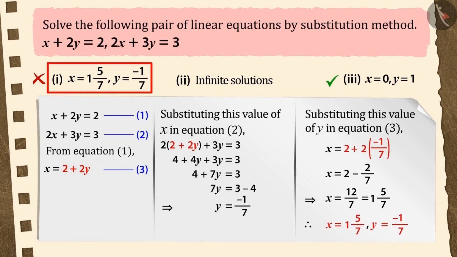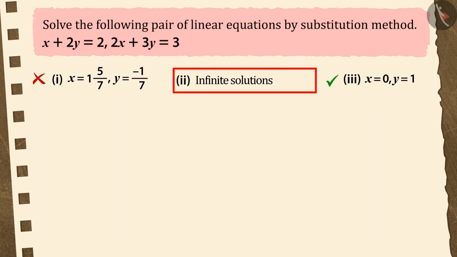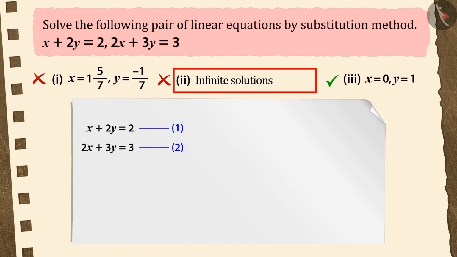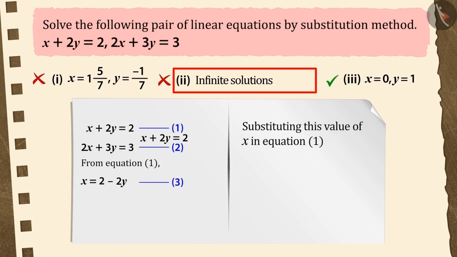If you have selected option 2, then it's a good try, but this is also an incorrect answer. Because to solve the question, you expressed x in equation 1 in terms of y, and you replaced the value of x in equation 1 only. This is how you got an equation without any variable.